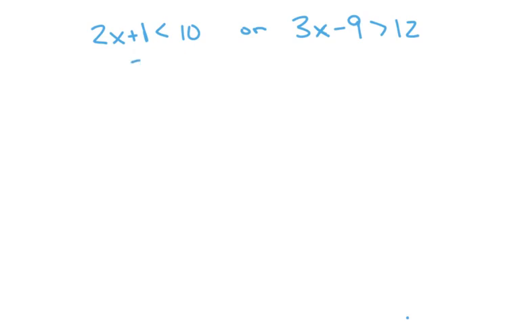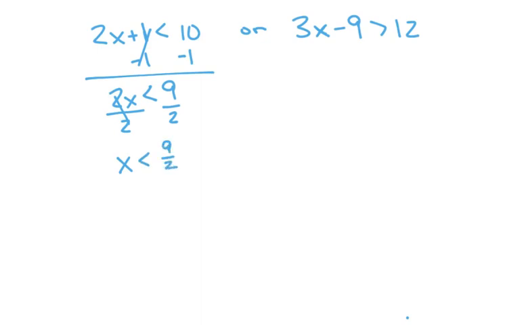Starting on the left, I subtract 1 from both sides. That leaves me with 2x is less than 9. Then I'm going to divide by 2, and x is less than 9 over 2.